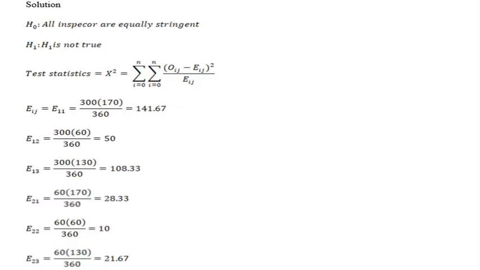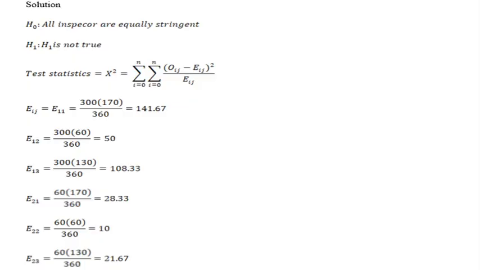Therefore, to get our Eij, our expected frequency, it will be 300 times 170 all over our grand total, because if we remember, in order to estimate our expected frequency, it is the row total multiplied by the column total all over the grand total.